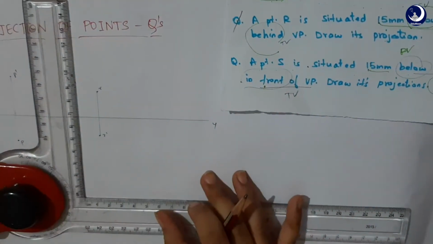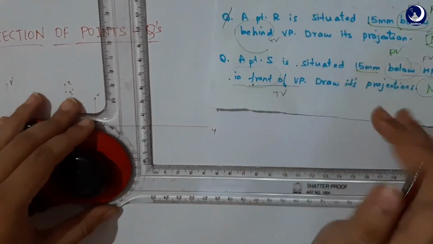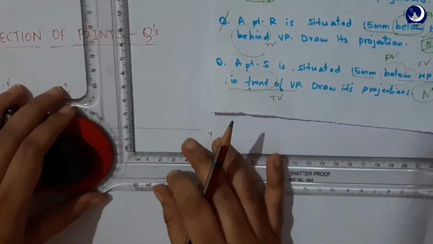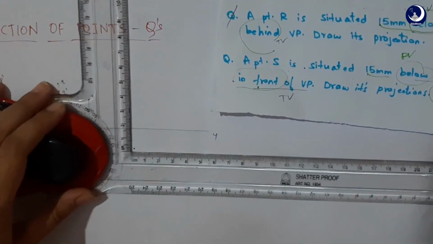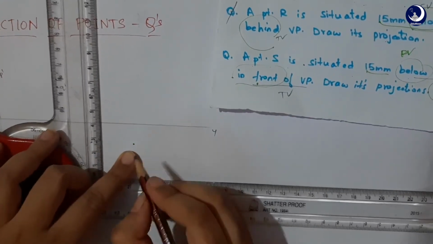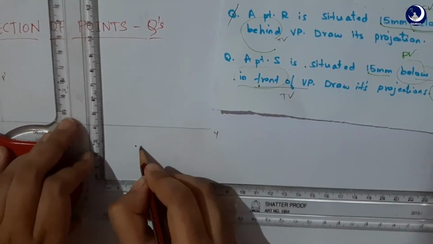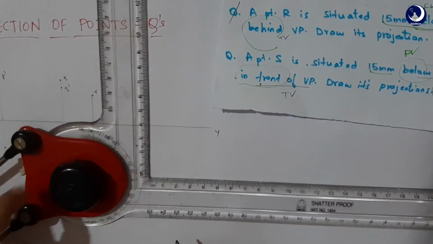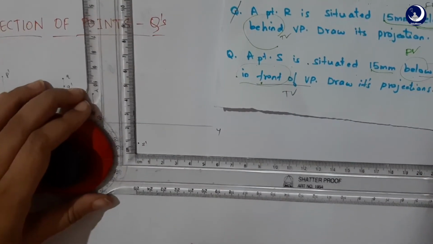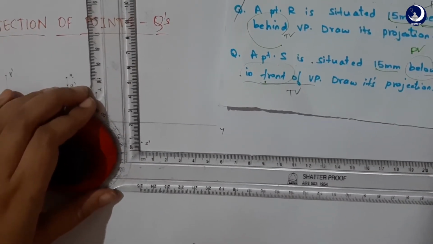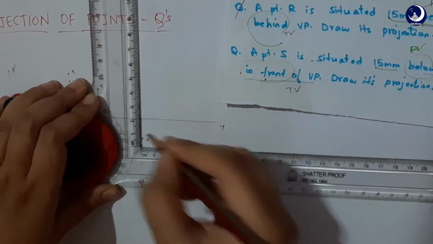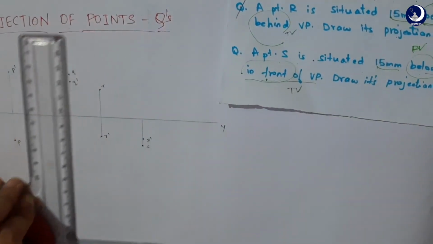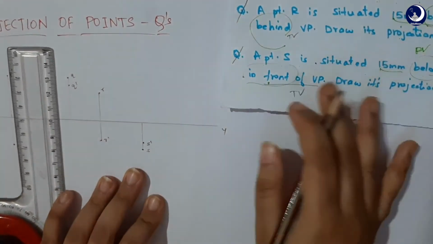Both are below. So 15 mm I'm going to draw below the reference line. I'm going to make a point. That is our front view, point S dash. And 20 mm below the reference line is the top view. I'm just going to draw it. So that is our projection for the fourth question.